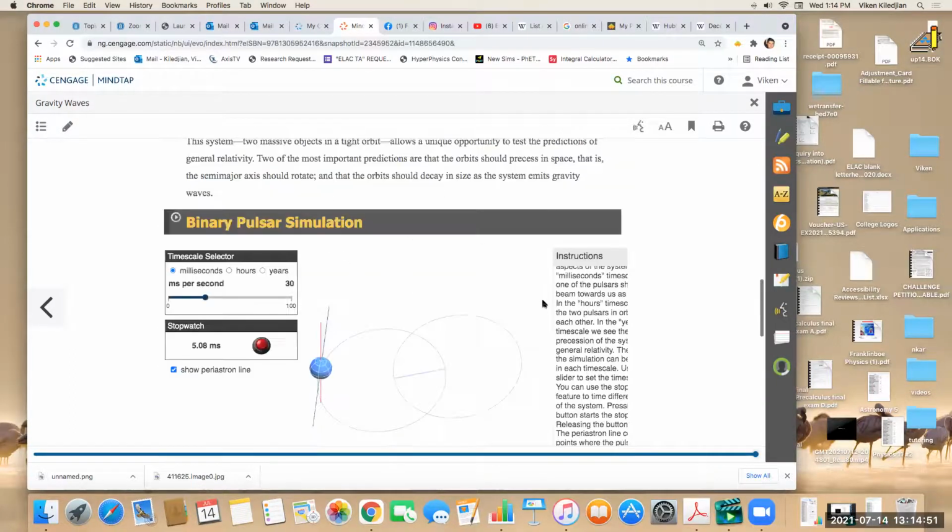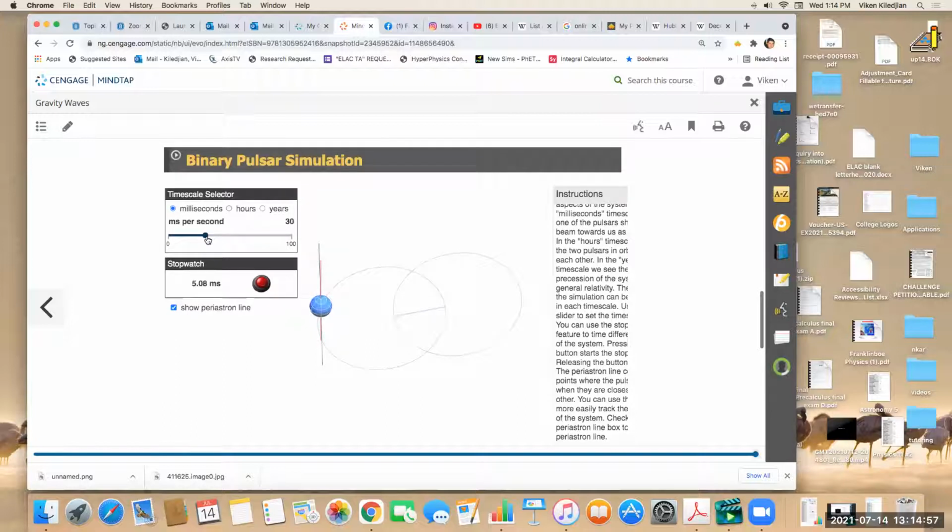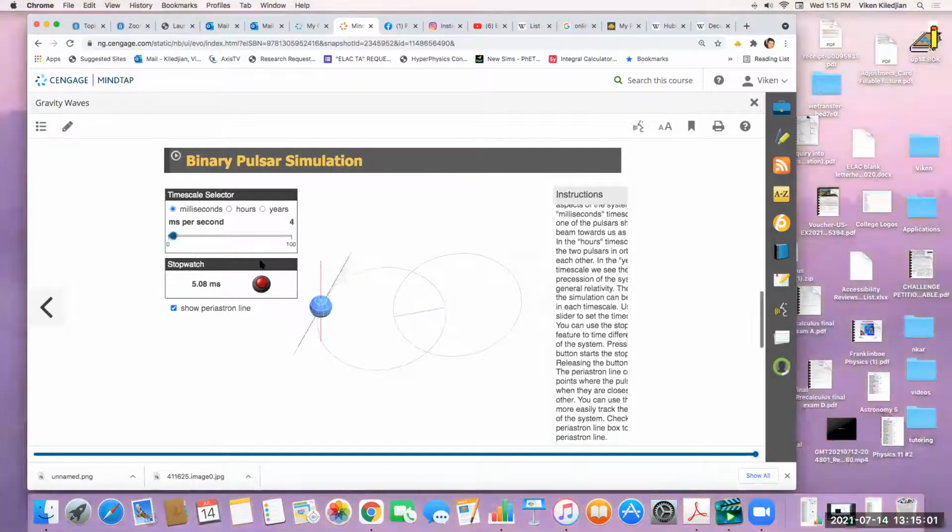Oh, okay. So basically it's saying you go like this. By changing the slider, what you're doing is basically slowing the movie. So it's actually not changing the actual pulsation rate of the thing. All it's doing is changing the framing of the movie.